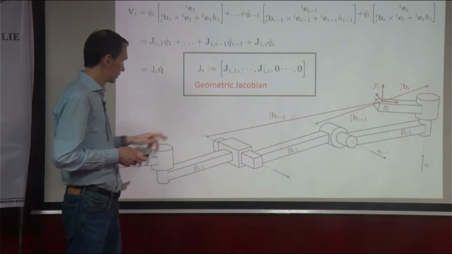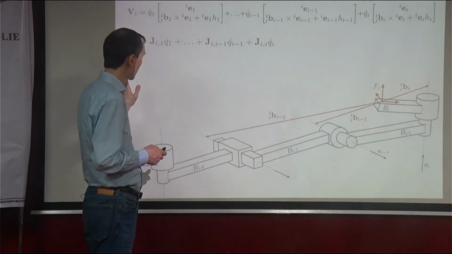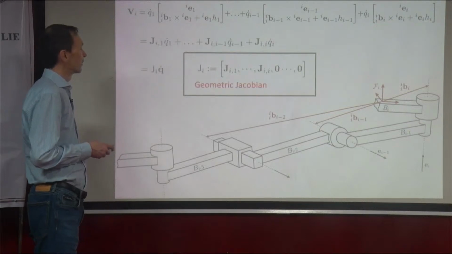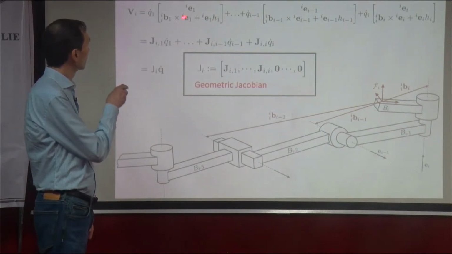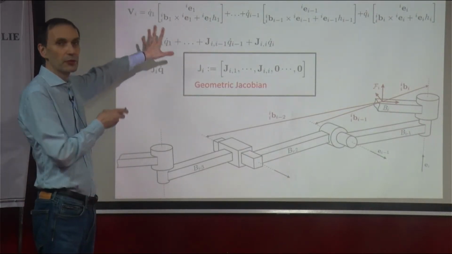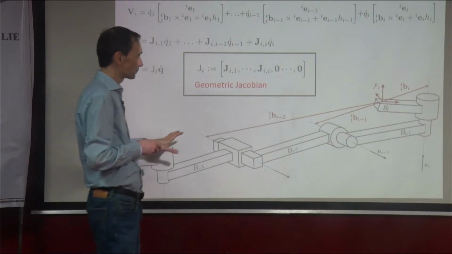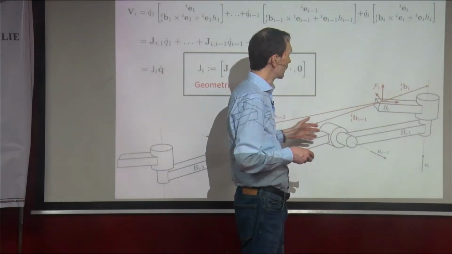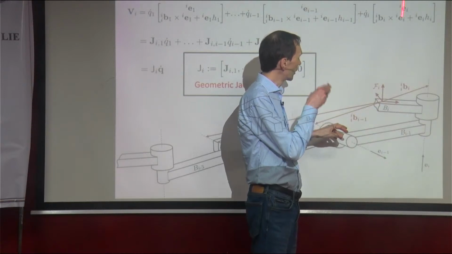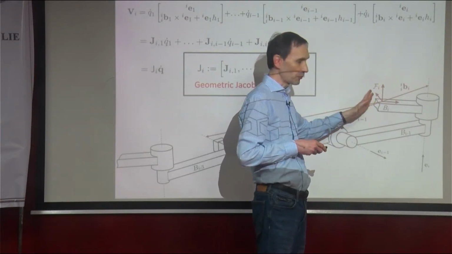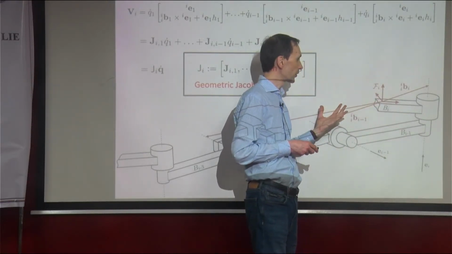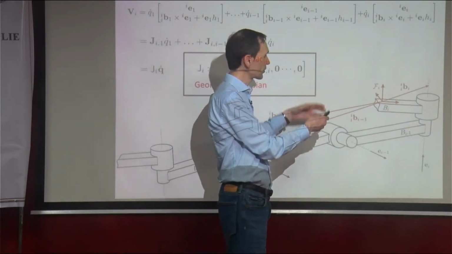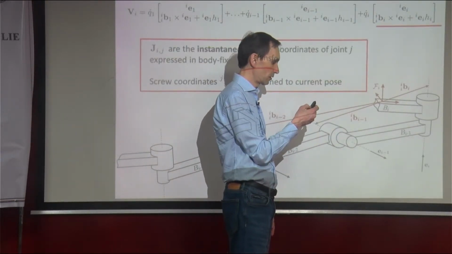Okay, good. What else to say? Yes, I was actually saying that these are apparently screw coordinates, because it's the same structure and the same construction to get these columns. These 6 vectors, as we did before, are screw coordinates, but they depend, of course, on the pose of the system. If the system is changing, these vectors are changing.